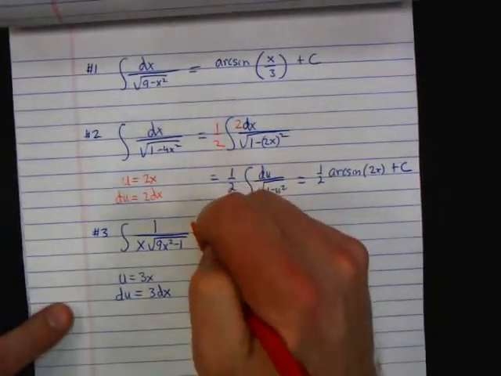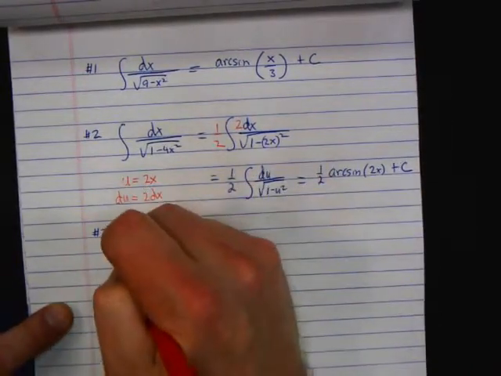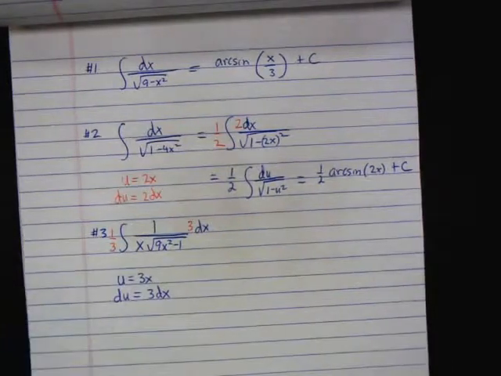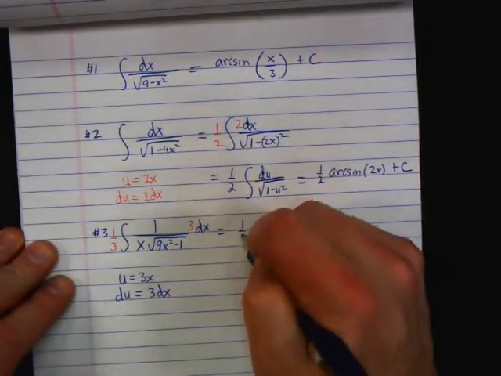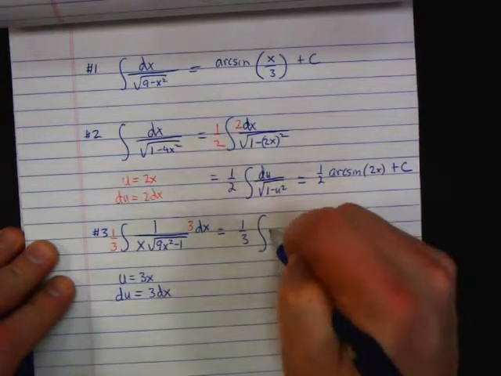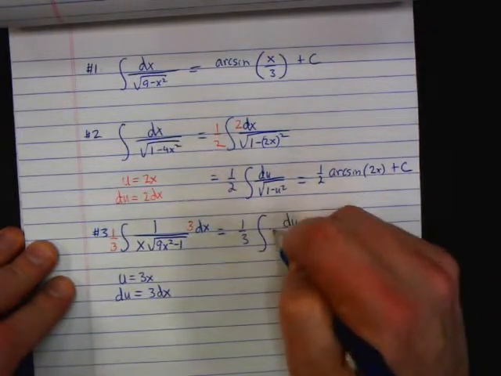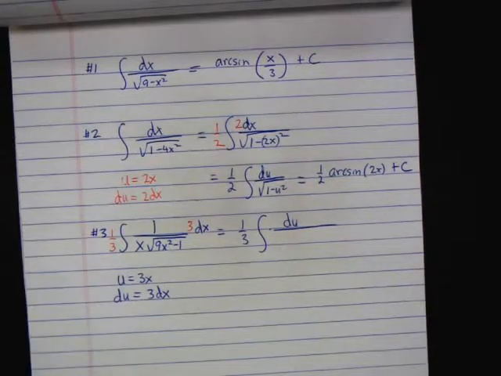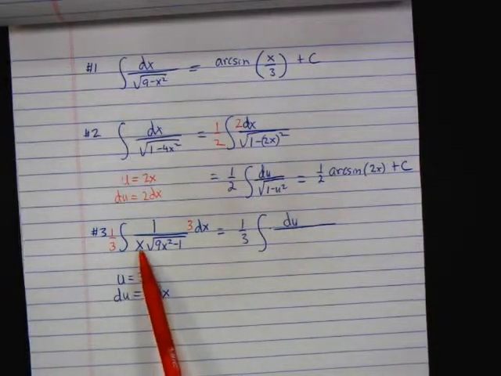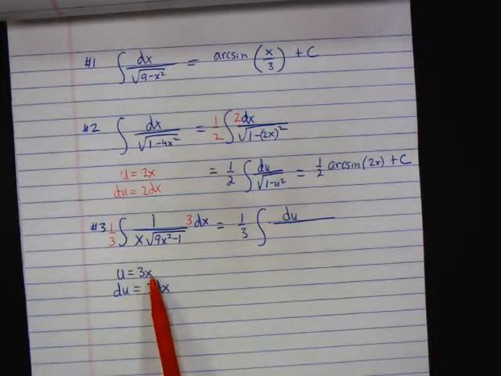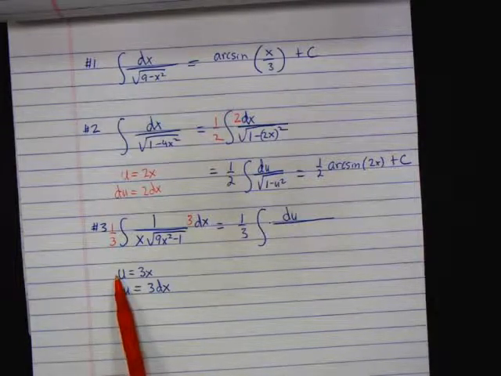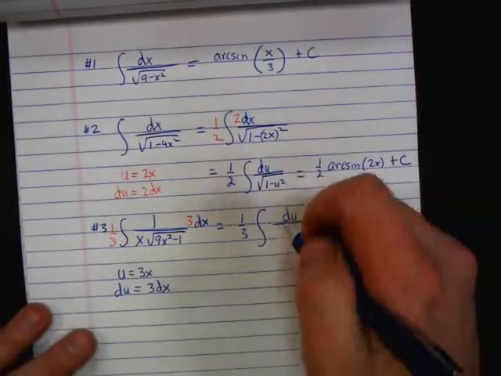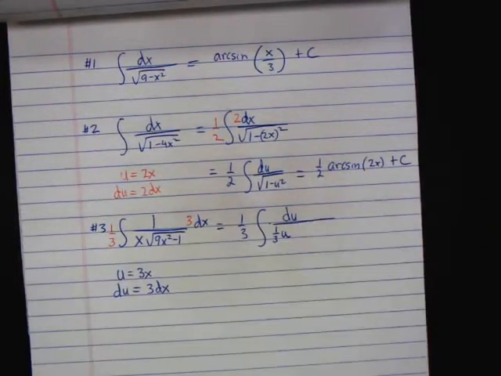So I need to slip a 3 in right there, which means I need to balance it with a 1/3. So that's going to be 1/3 integral du over, all right, but I got a problem here. What do I do with this x? Solve. This x is u thirds. 1/3 u. That's correct. So it's kind of a double substitution type problem that we've seen before.